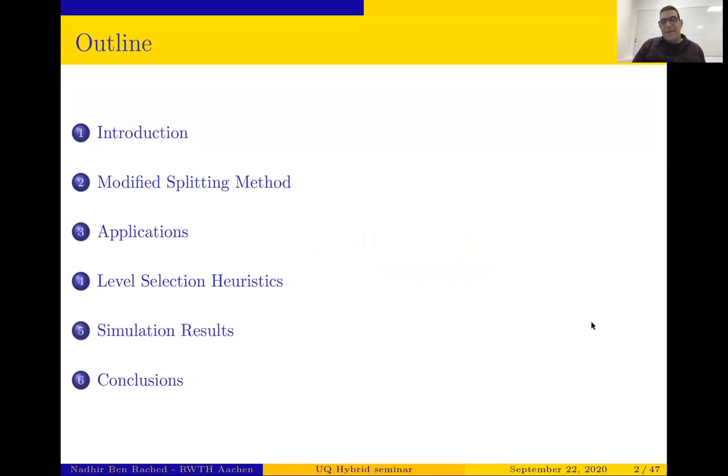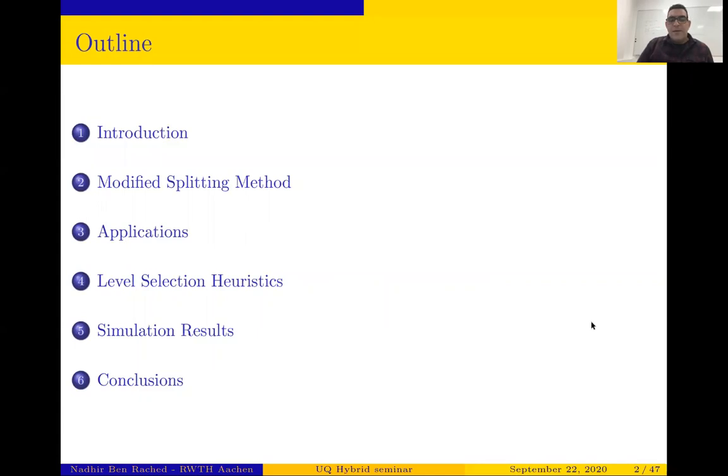So during my presentation, I will start briefly with the motivation and defining the main concepts that are very useful in the development of our approach. Then we show how this classical splitting method cannot be applied to our setting, and we show how we modify it.